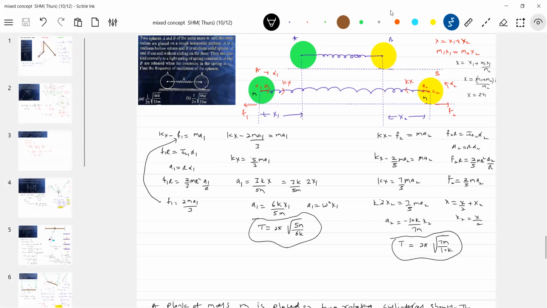Both should have been the same time period, no? So the time periods are different. So some problem is there with the way we are doing this particular problem.